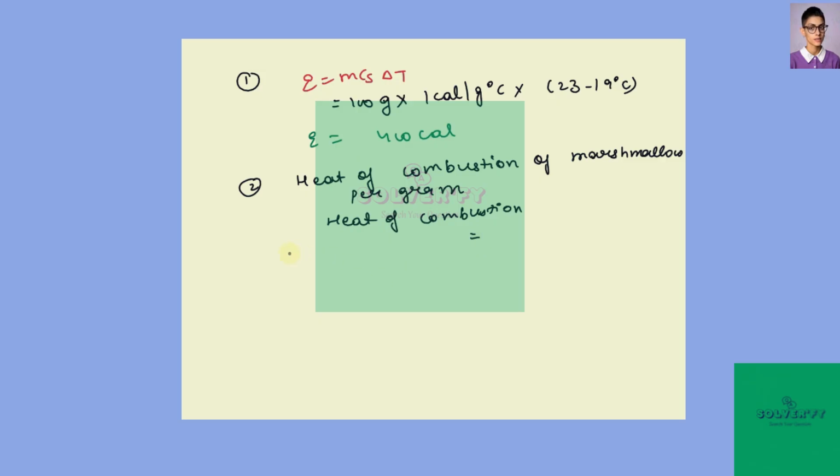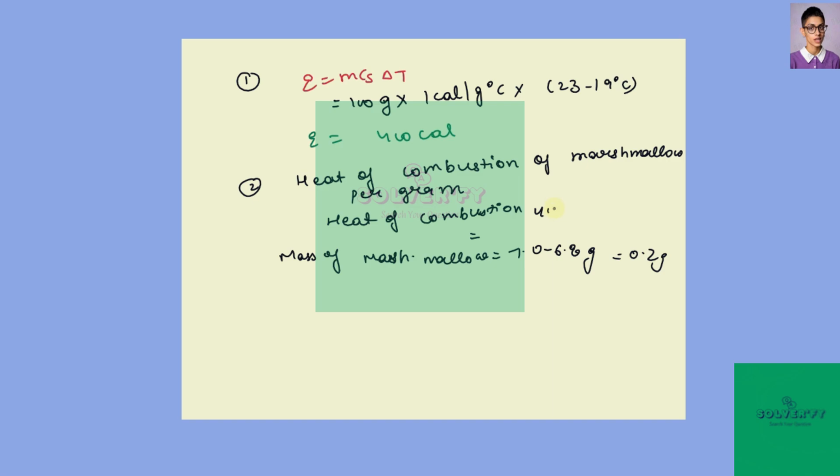So the mass of marshmallow burnt is equal to 7.0 minus 6.8 gram, so this is equal to 0.2 gram.